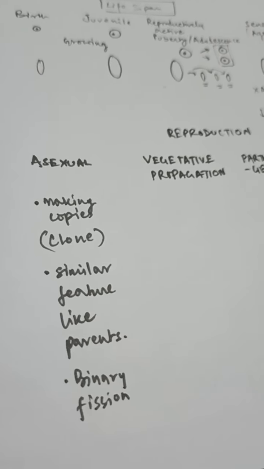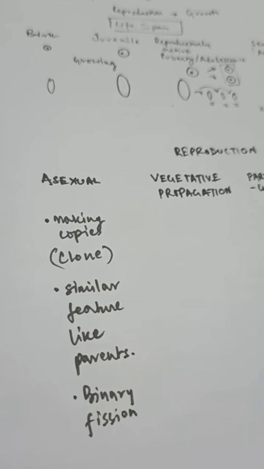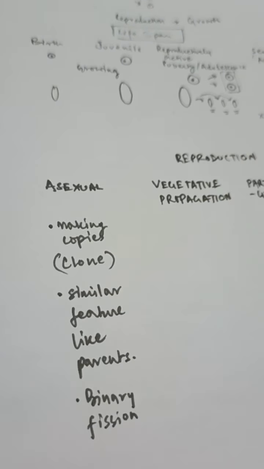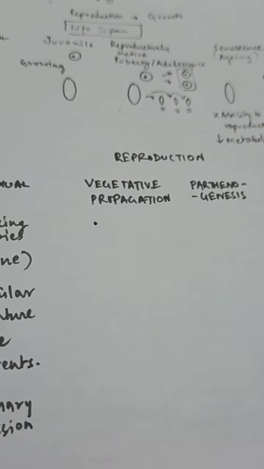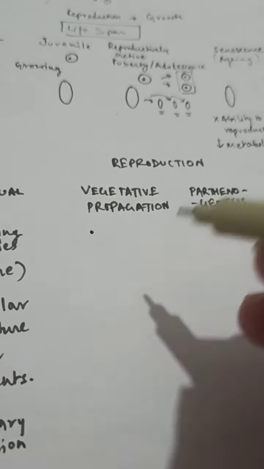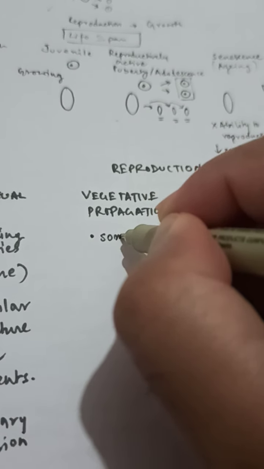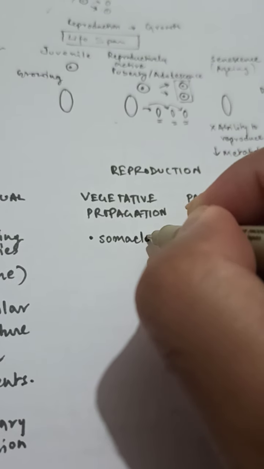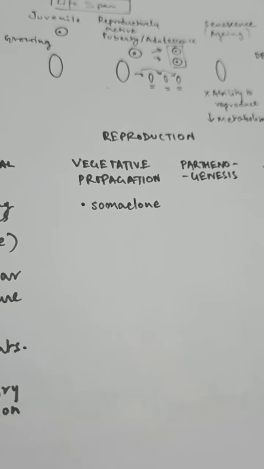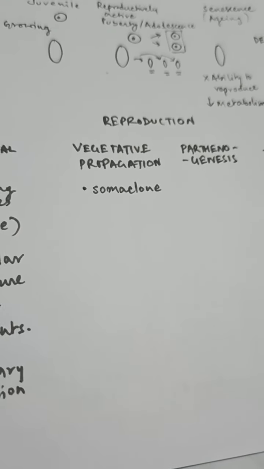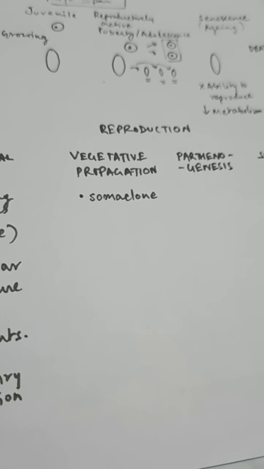reproduction. Okay, now talking about vegetative propagation, it is actually its own body part that will grow into the new individual. Again, this is also a kind of production of clones. Sometimes it is considered as production of somatic clones, because the somatic body or the vegetative body or part of the organism is forming that particular individual.